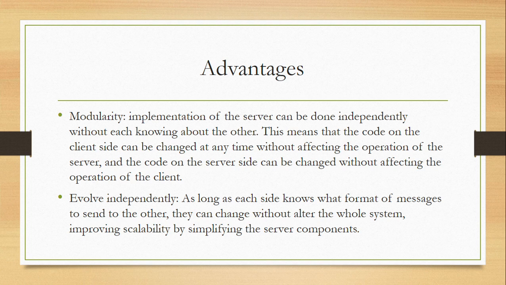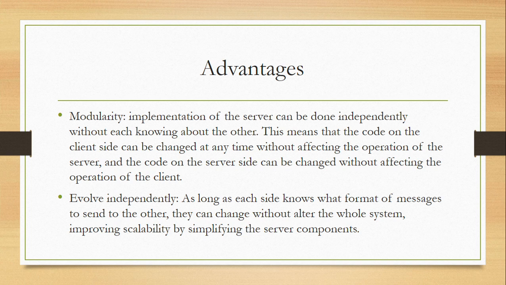This means that the code on the client side can be changed at any time without affecting the operation of the server, and the code on the server side can be changed without affecting the operation of the client. It keeps client and server side separate, and they evolve independently.